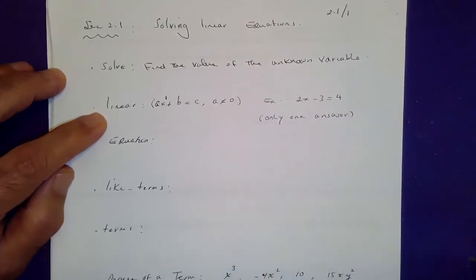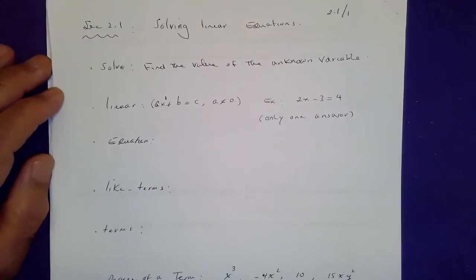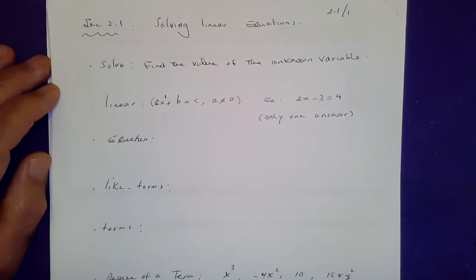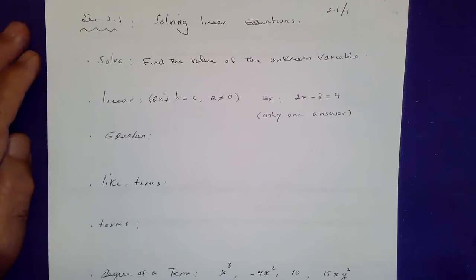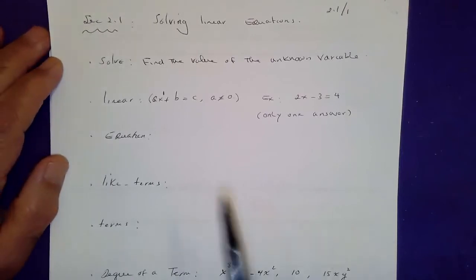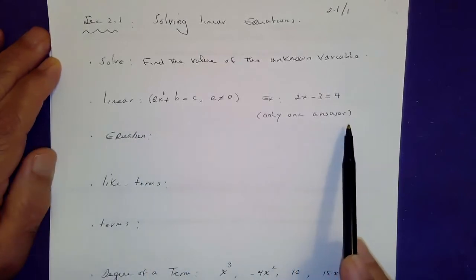Later on in chapter 8 or 5, we'll learn about quadratic equations, which have 2 answers, and higher degree polynomial equations, which have multiple answers. As far as linear equations, there is only one answer.